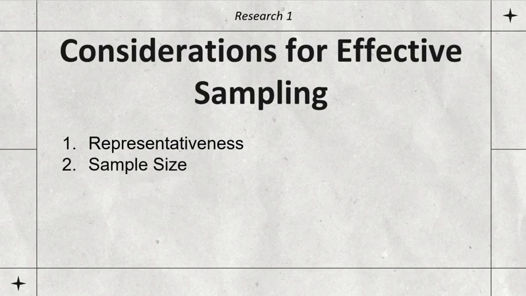The second one is the sample size. You need to ask if the sample size is sufficient to represent the entire population, and we need to have statistical power and generalization in your research paper. That is why our statistician suggests that we need to have a minimum of 30 respondents.